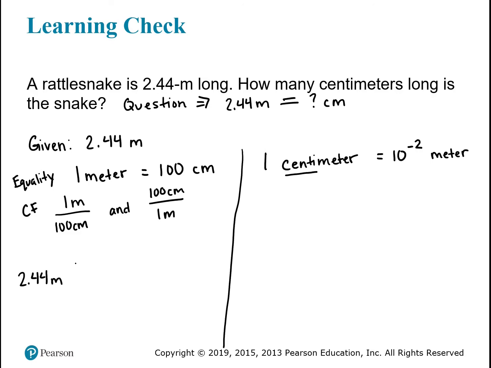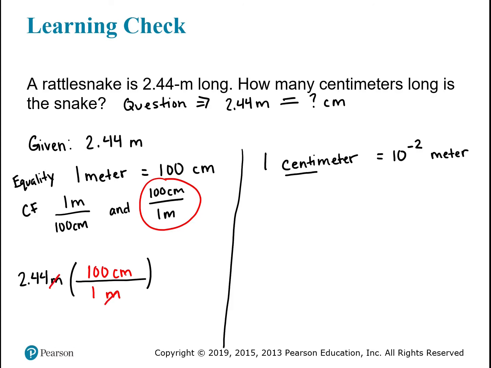We're trying to go from meters to centimeters. We've got meters in the numerator. To cancel it out, we need meters in the denominator. You choose the conversion factor with meters in the denominator. Then before you touch your calculator, I know it's tempting, don't.